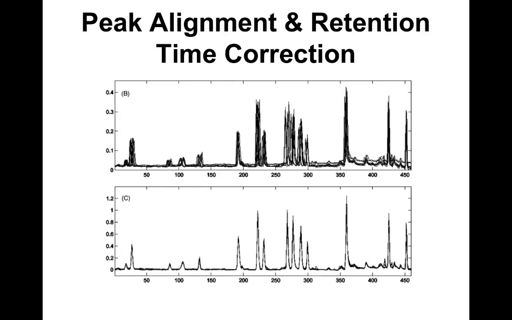This is an example where you can see everything's slightly off in the top one, and then after alignment, everything is nicely matched. With these alignments, obviously there's also scaling that can be done or should be done. All are critical, as are peak identification and distinguishing peaks from noise.